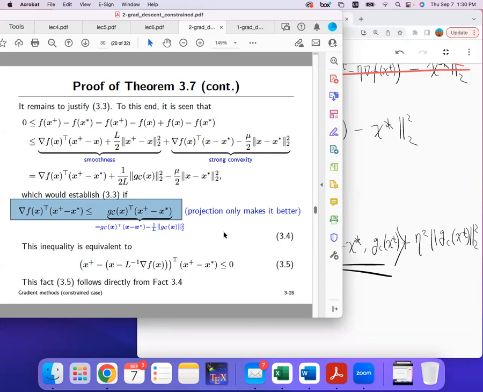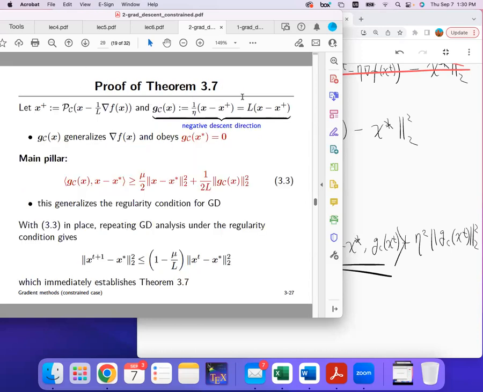And for this inequality, you just rearrange it. You move the right-hand side to the left, combine all the terms. It will be equivalent to the following inequality. X star minus x plus minus x star is here. Now GC, you can replace it by these terms, right? GC equals x minus x plus, which is this projected gradient descent step.